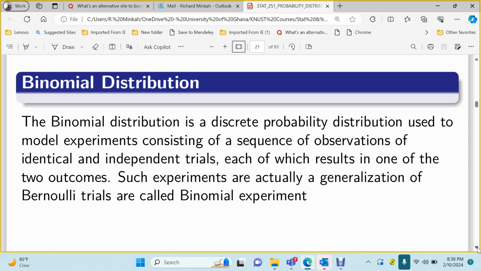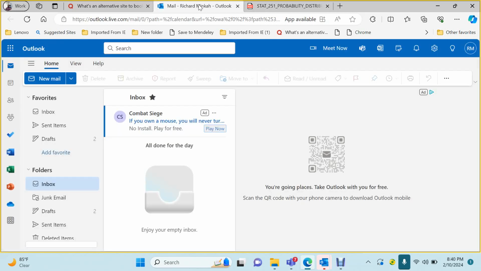If two heads occur, X is 2. So x can move from what to what? If I toss the coin 10 times, what are the possible values of x? 0 to n, 0 to 10. Good. It should be 0 to 10.